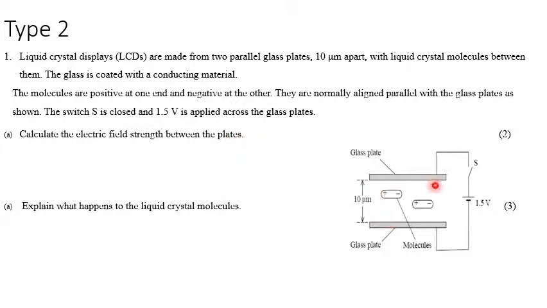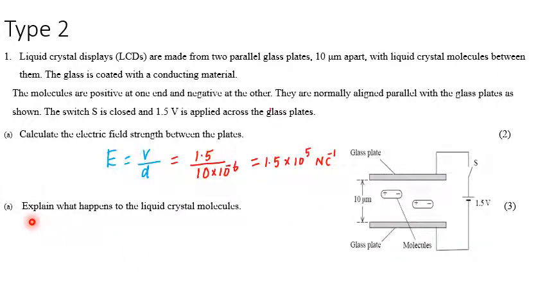So there is a uniform electric field between the plates. To calculate electric field strength of a uniform electric field, we have to use E is equal to V over d, where V is the potential difference between the plates and d is the distance between them. If you substitute, you get 1.5 times 10 to the power 5 Newton per Coulomb.